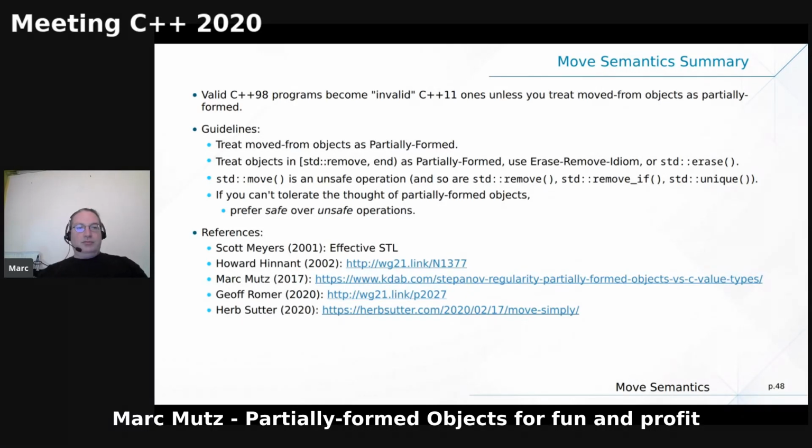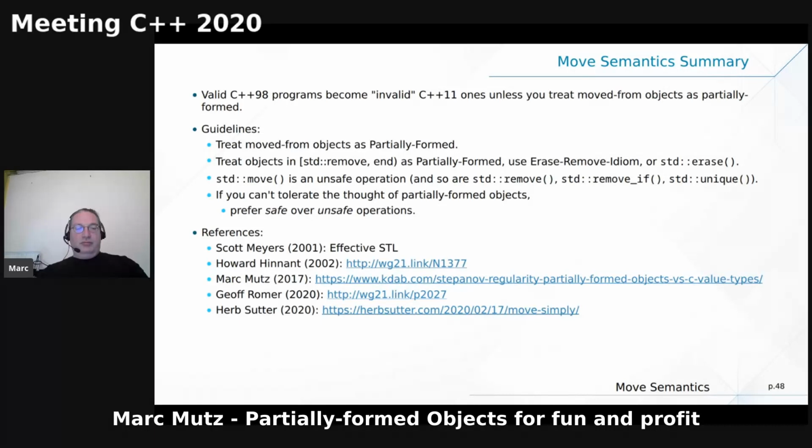Guidelines that we have seen: treat moved-from objects as partially formed. Treat objects in the range returned from std::remove to end as partially formed. Use the erase-remove idiom, or if you can, use std::erase.